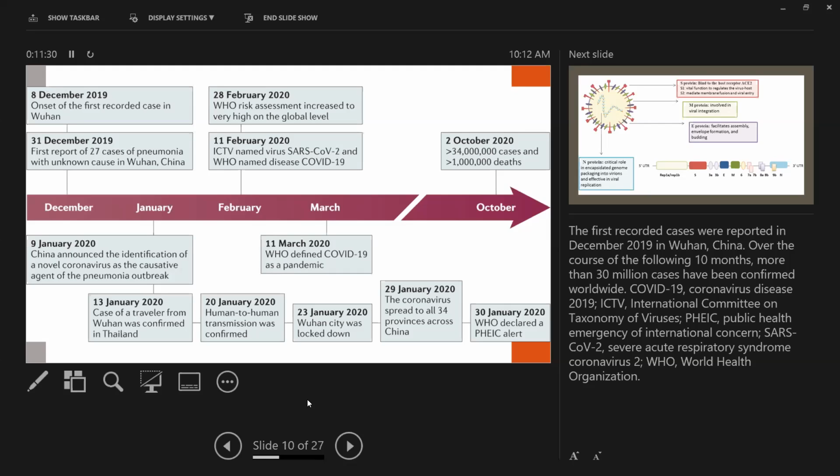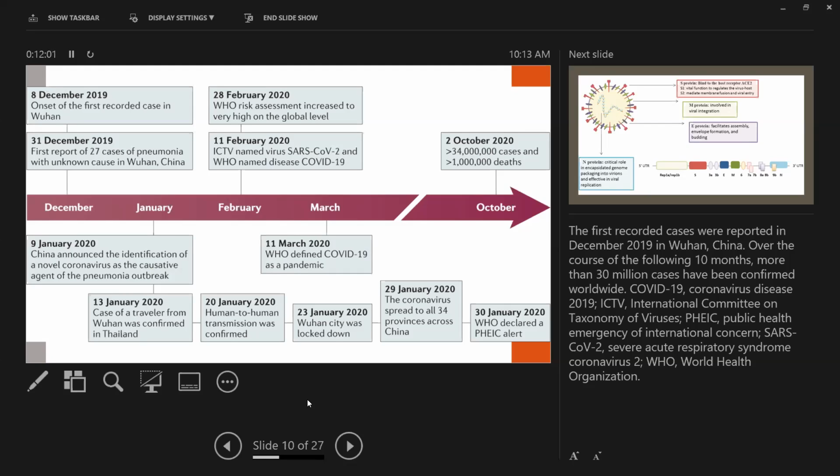I don't want to get into that here, but WHO then essentially said in late February that we have a problem of international concern. They issued a so-called public health emergency of international concern bulletin, and by then, of course, the virus had spread to Europe and then to North America, and by March 11th, WHO said, yep, we have a pandemic on our hands.